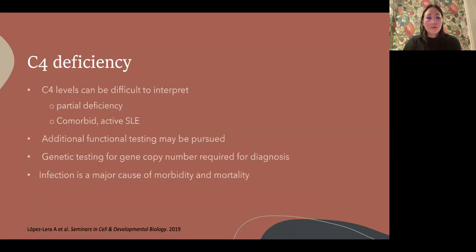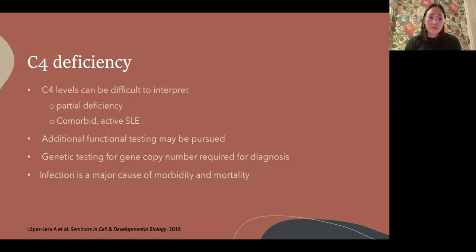And then overall, C4 levels can be pretty difficult to interpret, which some of us may have experienced. But part of the reason is that a lot of people do have a partial deficiency. And then also the people where you're looking for the C4, maybe they presented with an issue like lupus or HAE or something like that, and maybe they have an active comorbid autoimmune disease that's causing their C4 to be secondarily low.